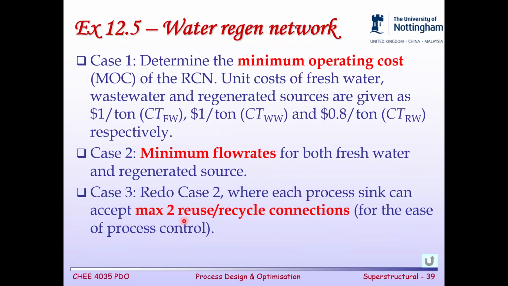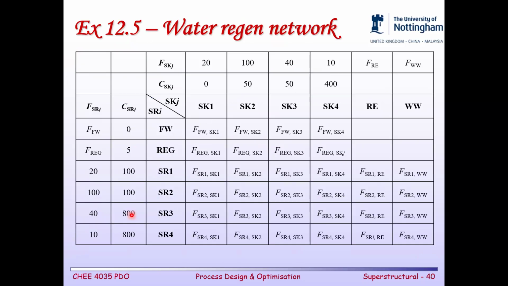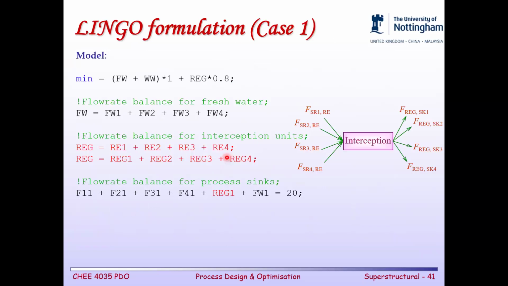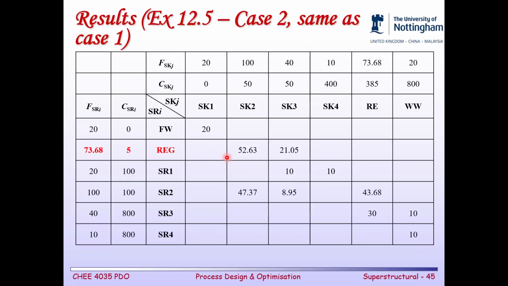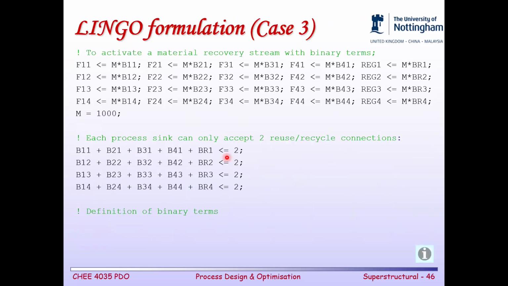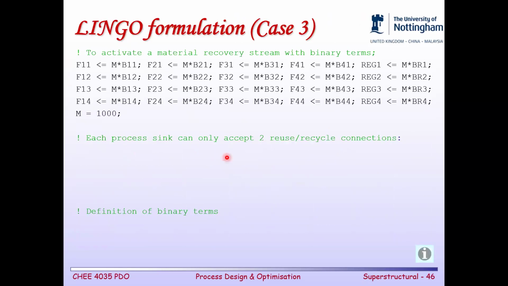There's a requirement to limit the reuse recycle connections to 2, meaning these connections between sink and sources are limited to 2 only. So with that, we have to create new binary variables.